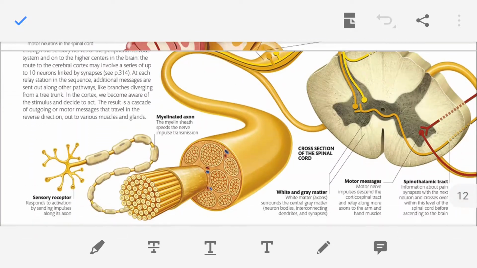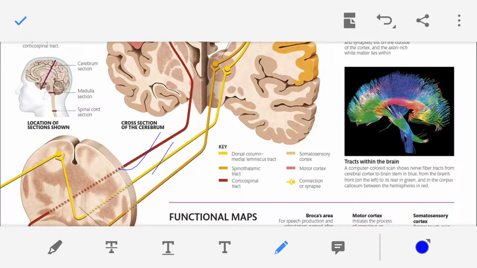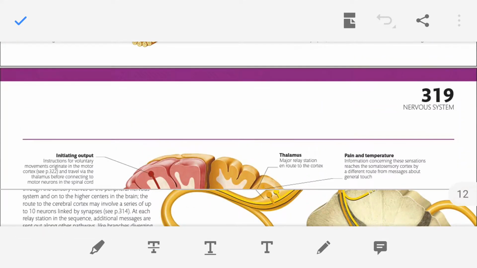So these are the tracts and this is the key, and you see where the tracts are reaching in the brain.